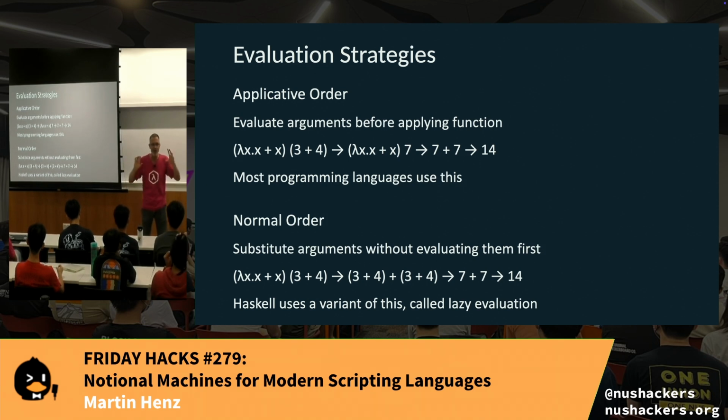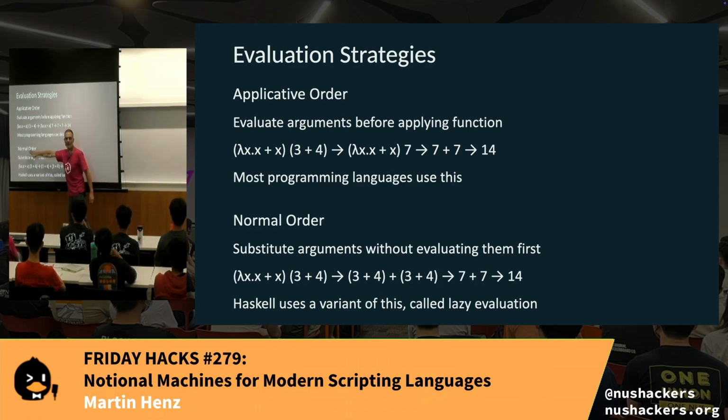For this infinite loop, no normal form exists. It's an infinite execution regardless of how you choose to execute these applications. But if such a normal form exists, the strategy will find it. And that strategy is called normal order reduction. The normal in normal order reduction means it will find a normal form, the form that cannot be further simplified, if it exists.